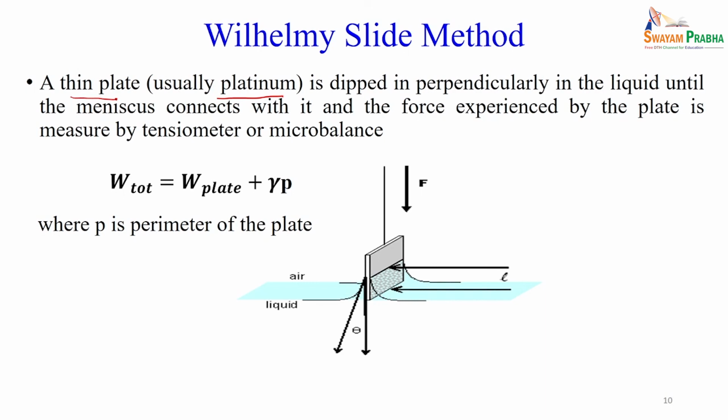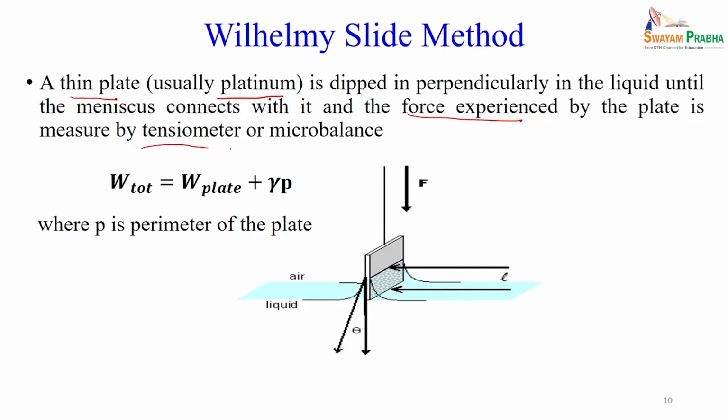It is dipped perpendicular in the liquid, and once it is at the surface layer, we pull it out, and the force experienced while pulling it out is equivalent to the surface tension, which is measured again by either a microbalance or the tensiometer.